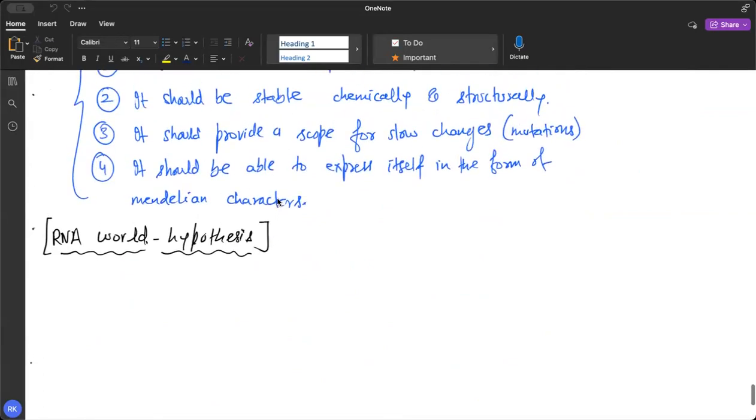Mostly they ask about the proofs that support that indeed once there was an RNA world, which then led to the evolution of DNA. So we have certain proofs. We know that RNA has the capability of both storing the information and also catalyzing very important reactions.